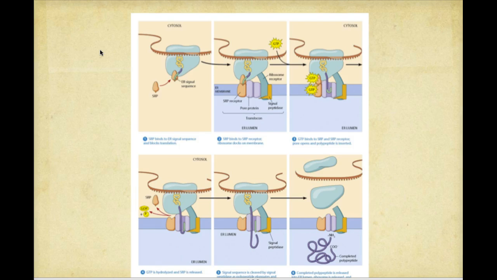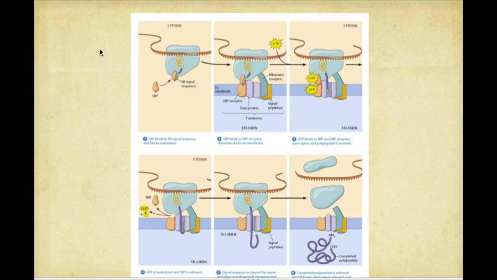That mint green first sequence of amino acids is what we're going to call the ER signal sequence. So the very first amino acids to be placed on this new developing protein are the ER signal sequence, and these amino acids are recognized by the SRP.